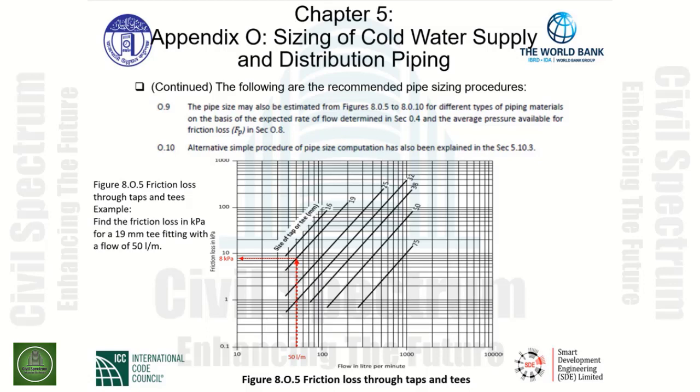And the designer would continue to do this for different types of fittings throughout the water supply system and determine the total friction loss by calculating that along with the friction loss in the pipe as well.